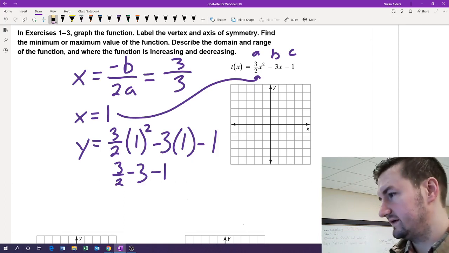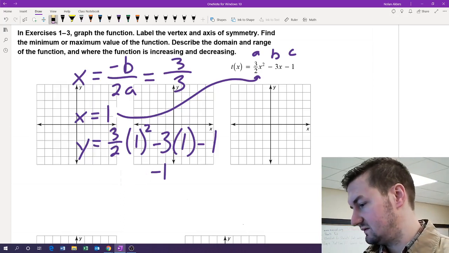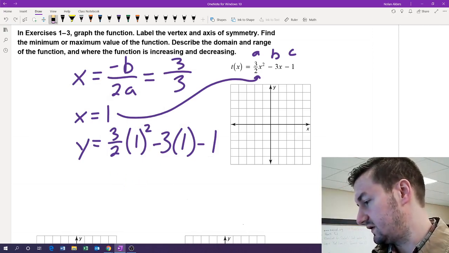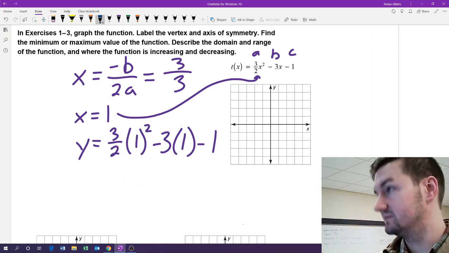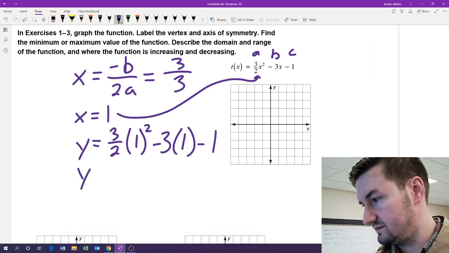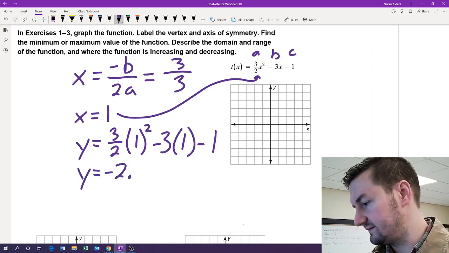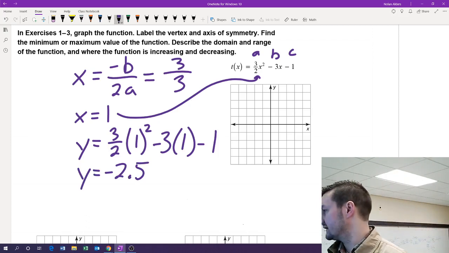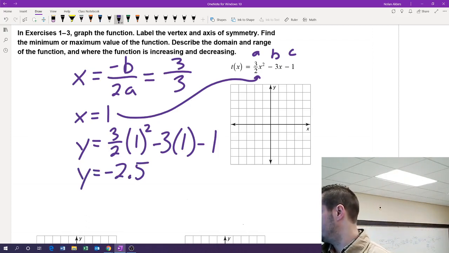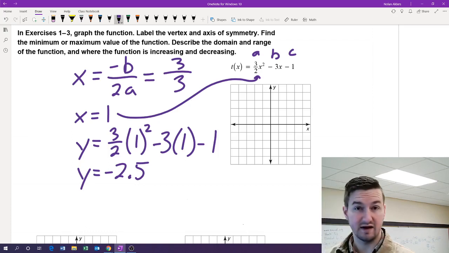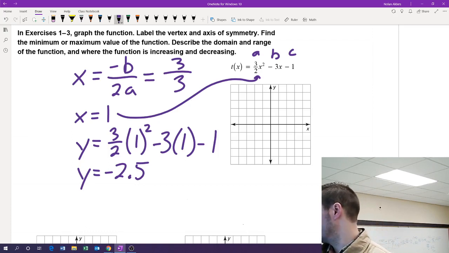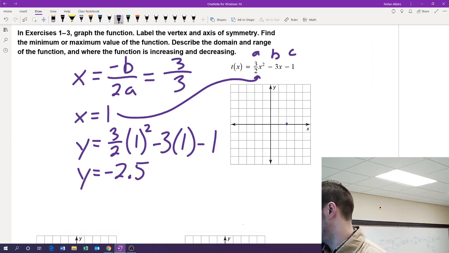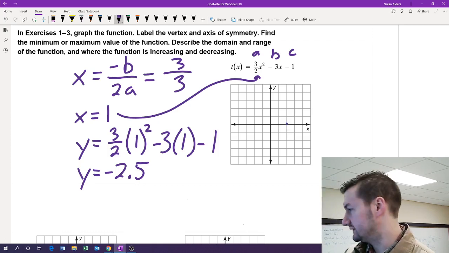So our y is just going to come out to be negative 2.5. If we mark that on our graph over here, let's say every square is half a point, so every 2 squares is 1. So x is 1, and then y is negative 2.5.